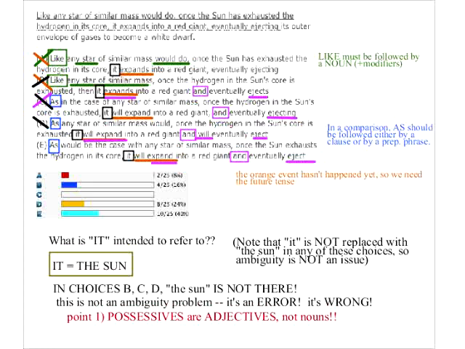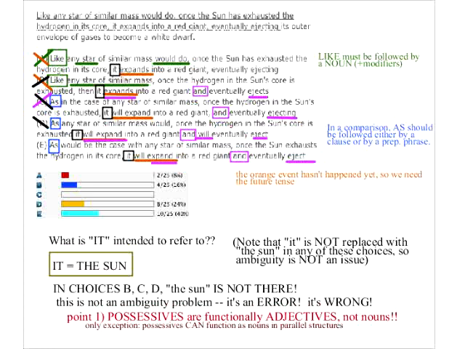They're not nouns. The only exception is in parallel structures. Let me just give you an example. The only exception to this is if you have a possessive, they can function as nouns in parallel structures.